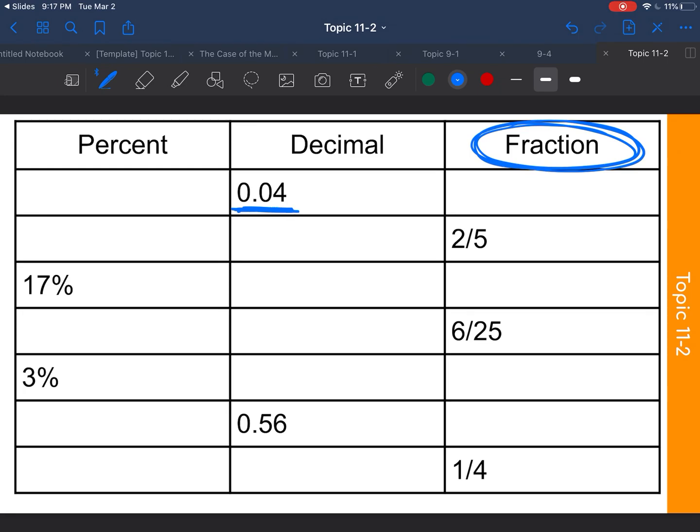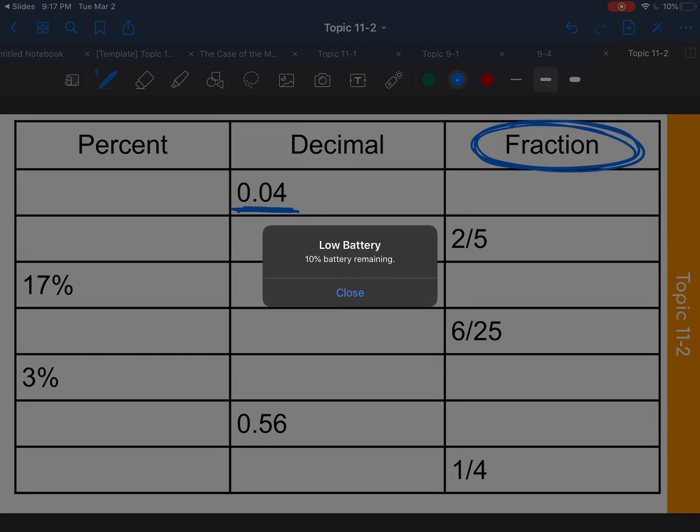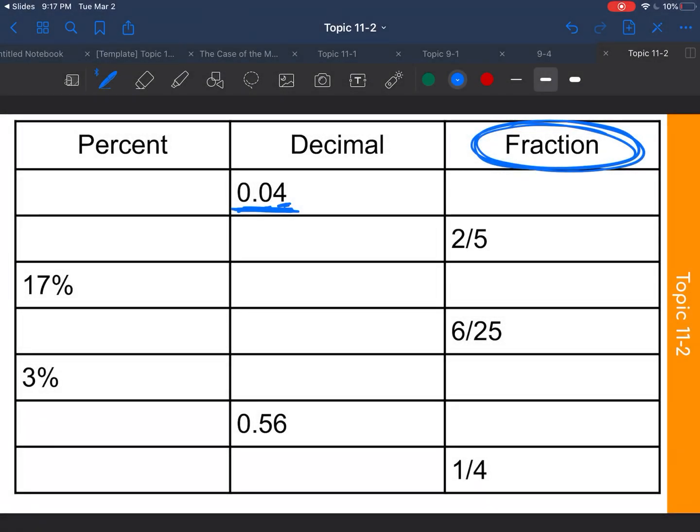So this decimal is 4 hundredths. And we can say it because it's tenths, hundredths. So we can write it as 4 hundredths, okay? And if you have it as a fraction, remember the numerator, if it's over 100, that's the percent, 4%. Now, you could have solved it a different way.